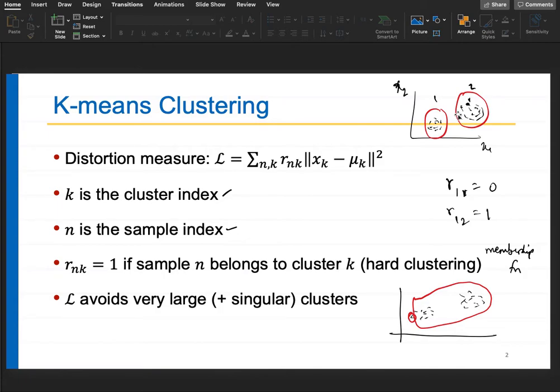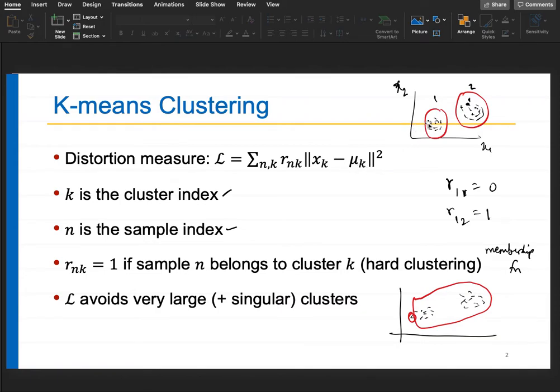It is a very intuitive algorithm. This is the loss function which is called the distortion measure. Let us say we have got two clusters. So each cluster will have a mean and a variance, or let's say here in this case only a mean. You can also have a variance term, divide by sigma square, but in this case it is just a mean term.